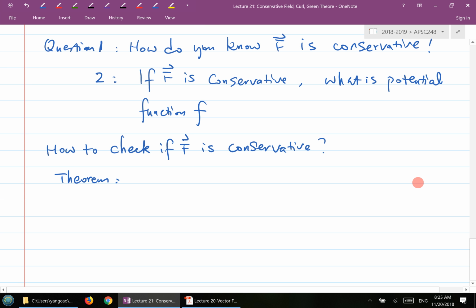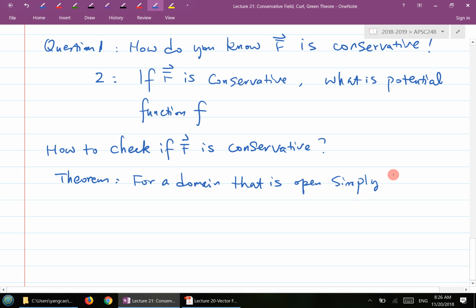So the theorem says basically, given a domain that is open and so-called simply connected.